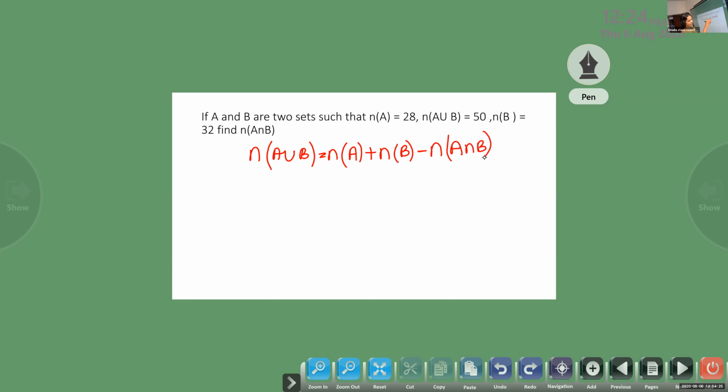Keep it in mind. If you use the U symbol, it is union.